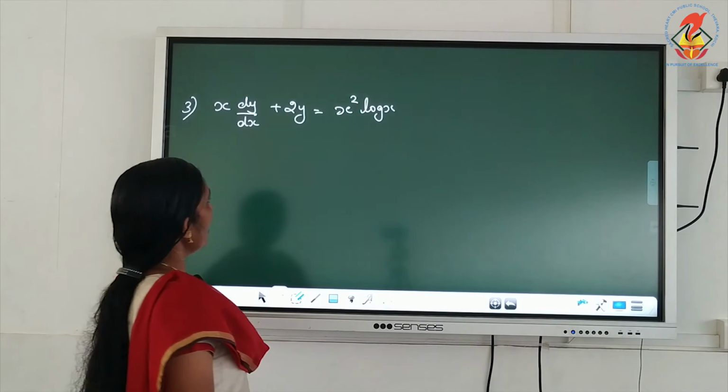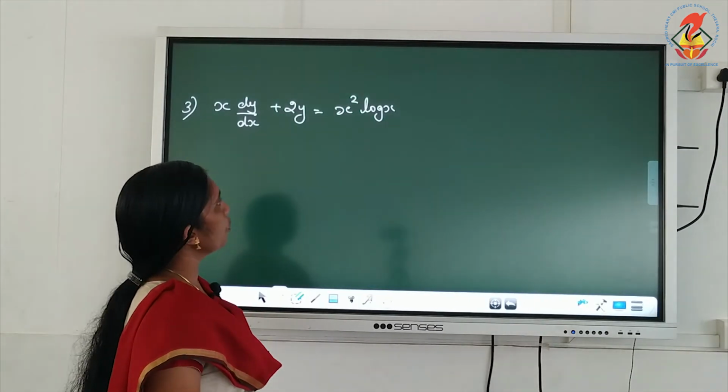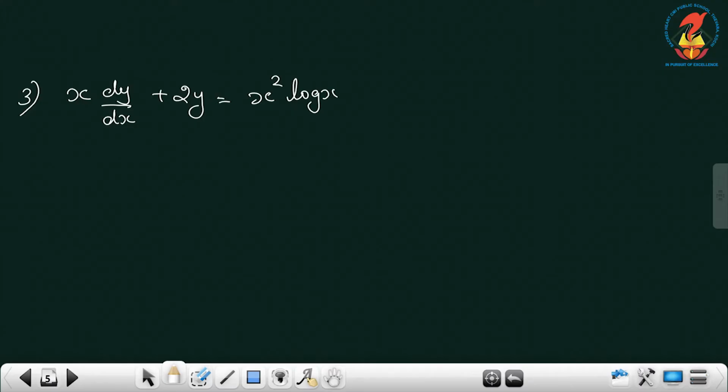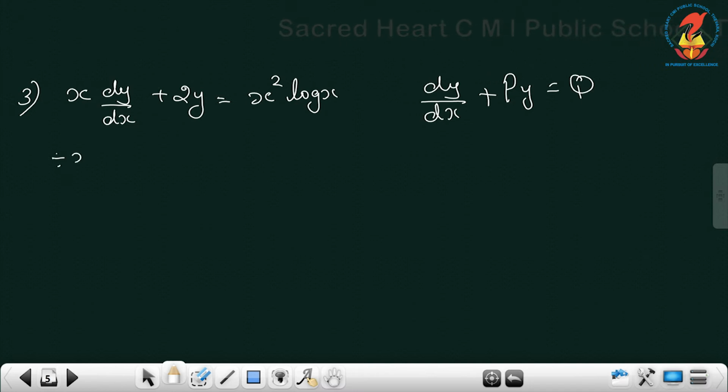The next one, x dy by dx plus 2y is equal to x square log x. So here it is not in the form dy by dx plus Py is equal to Q, where the coefficient is 1. But here we have x. So divide throughout by this x.